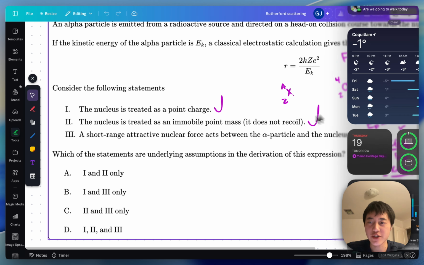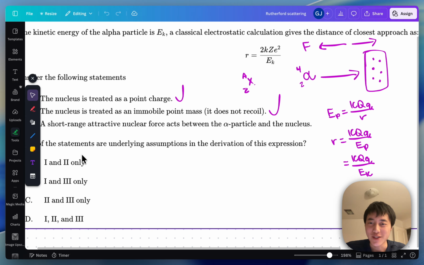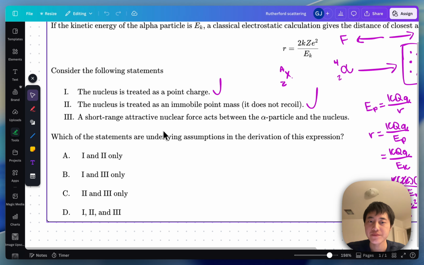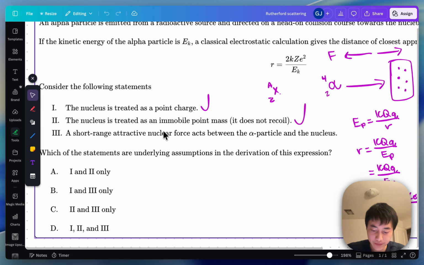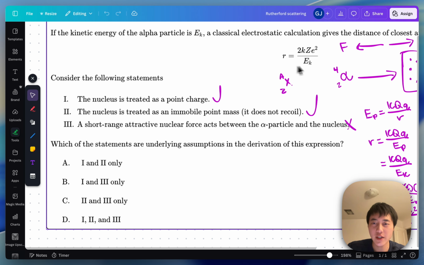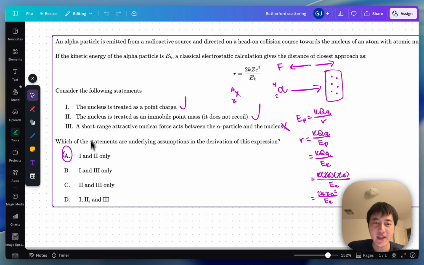But in this case, we just assume that the only force the alpha particle experiences is the electrostatic force and not the strong nuclear force. So this is wrong in this classical calculation assumption, which means it's A: 1 and 2 are valid. Yeah, thank you.